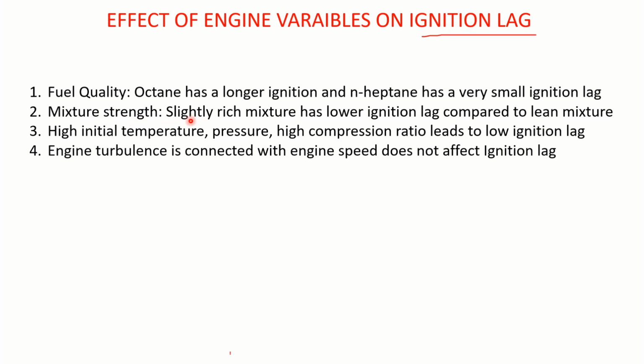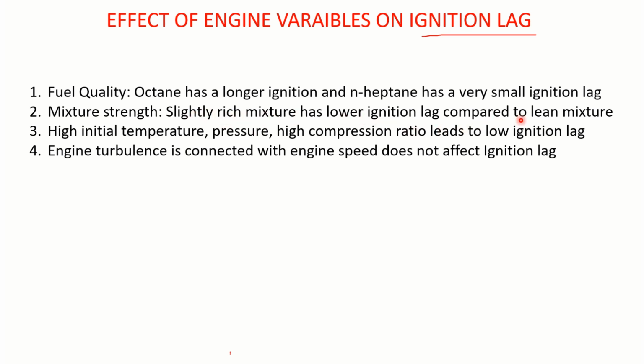Mixture strength: you know what air fuel ratio is, and you know what the stoichiometric air fuel ratio is. A slightly rich mixture has lower ignition lag compared to a lean mixture. Not very rich, I'm talking about slightly, maybe 10% or 15% more.